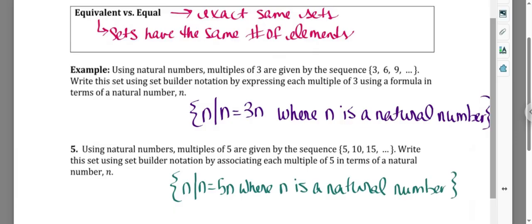Again, using set builder to describe the set versus listing the elements out of the set. Okay.